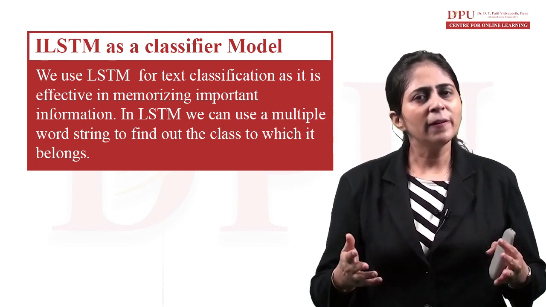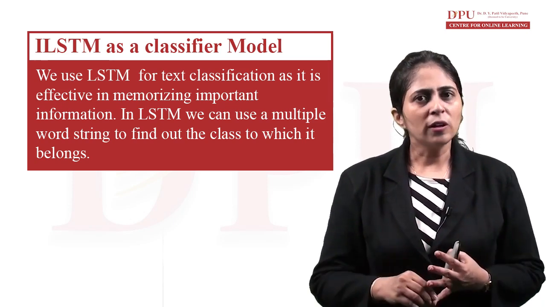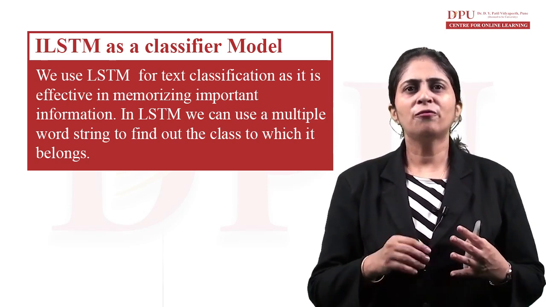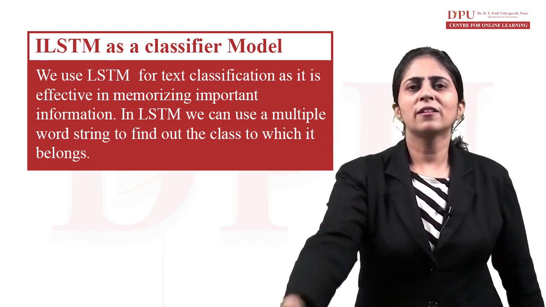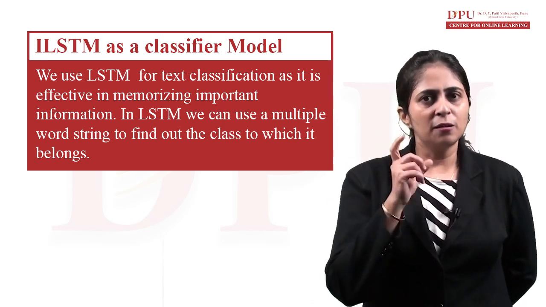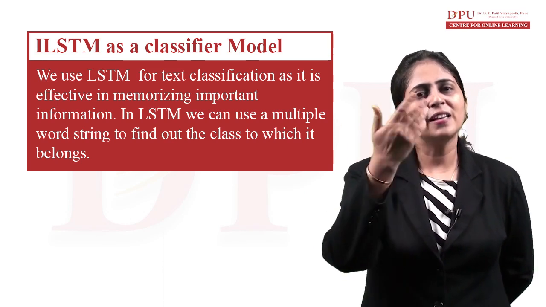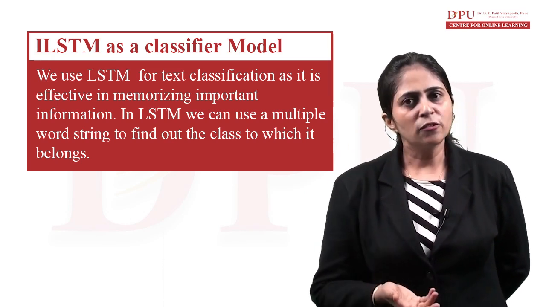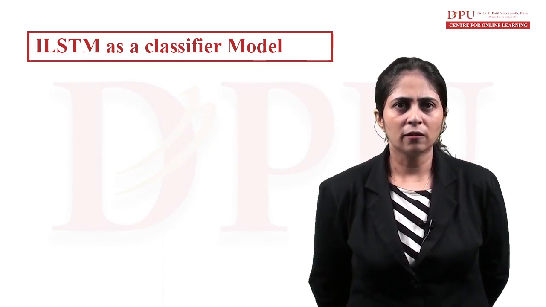If we use the appropriate layers of embedding and encoding in LSTM, this model will be able to find out the actual meaning in the input string and will give us an accurate result. Why? Because in its memory it is recognizing the earlier sentences. So that is why LSTM can be widely used as a classifier model.